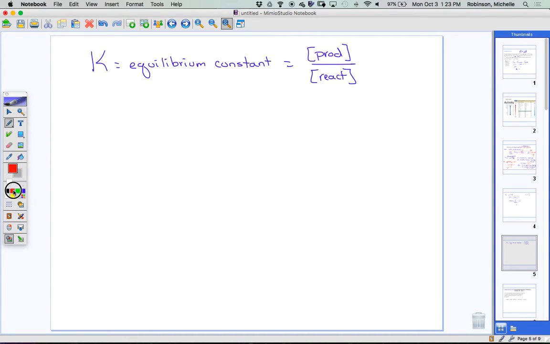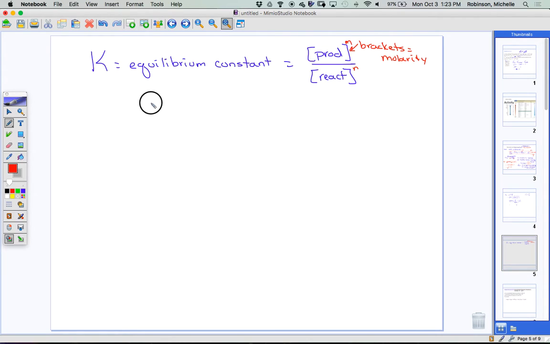Those brackets mean molarity. That's kind of very general, because it's really raised to the power of their coefficients, and we don't need all that at this point. We just need to know that K is the equilibrium constant, and it's really products over reactants.